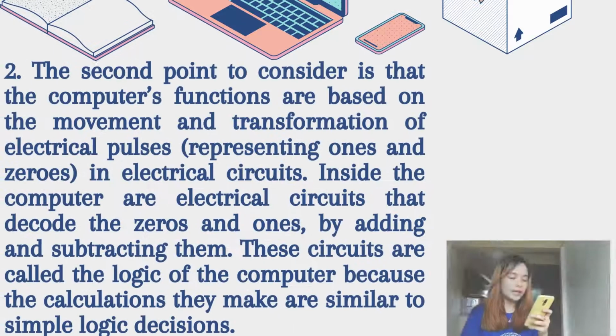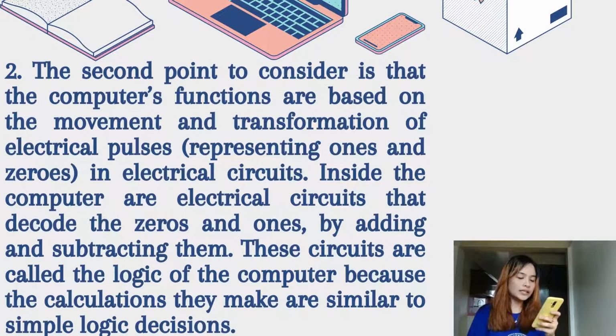Number 2, the second point to consider is that the computer's functions are based on the movement and transformation of electrical pulses, representing ones and zeros in electrical circuits. Inside a computer are electrical circuits that decode the zeros and ones by adding and subtracting them. These circuits are called the logic of the computer because the calculations they make are similar to simple logic decisions.